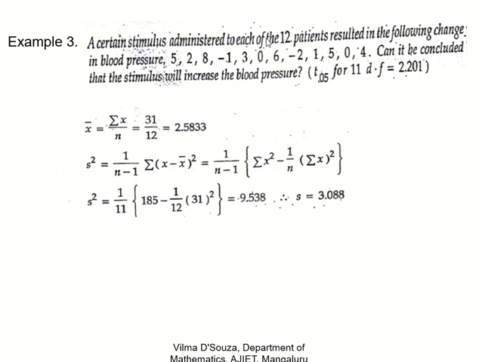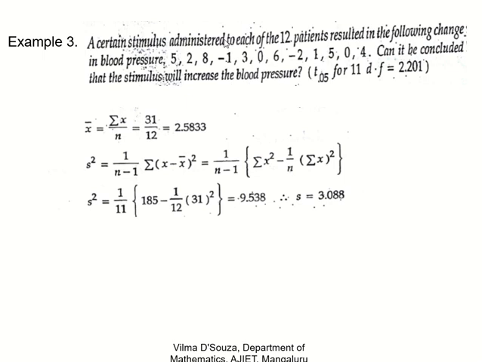Okay. Now what is the question? Can it be concluded that the stimulus will increase the blood pressure? So what is your hypothesis? You assume the hypothesis that the stimulus will not change the blood pressure.